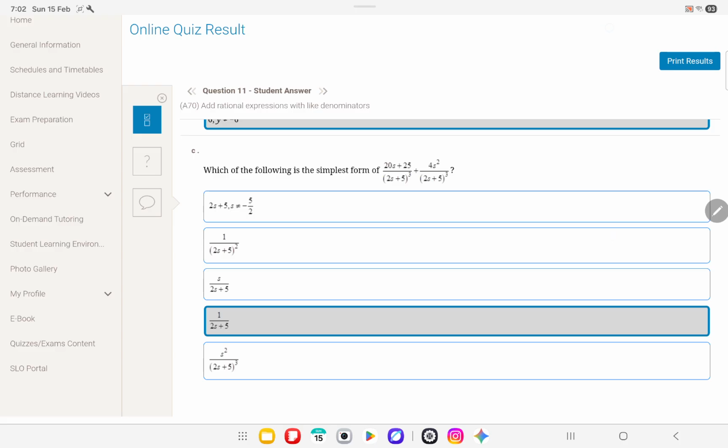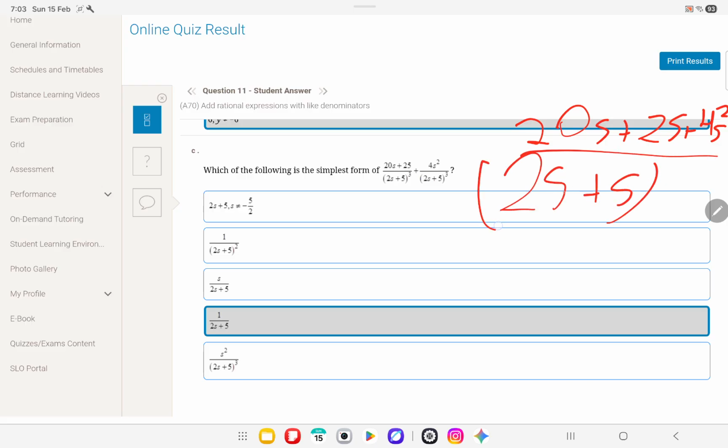Here we do 20s plus 25 plus 4s squared over 2s plus 5 cubed. Here what we can do is first we have to make it into proper form. So what do we do? We have to find the highest power, and then we decrease.